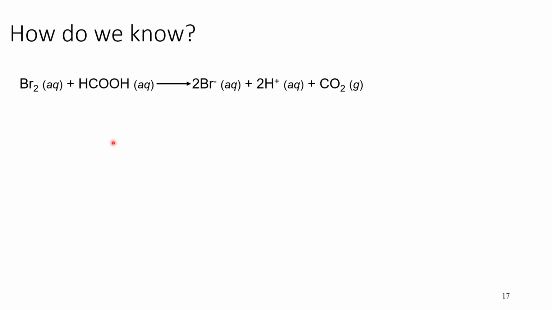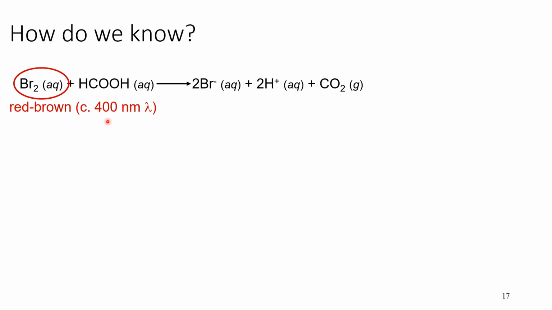So let's say this reaction here, where we take aqueous bromine and we react it with an acid to form products, right? So it turns out that aqueous bromine, we can see it. It turns our solution a brown color, a red-brown color, right?